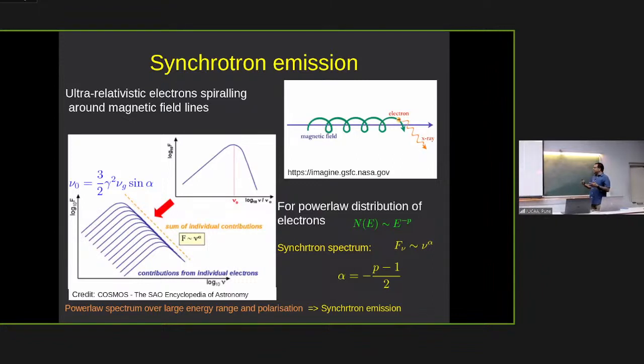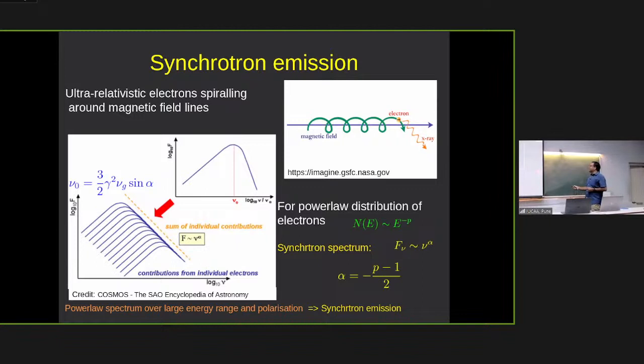Okay. So the thing to remember is that a power law distribution of relativistic electrons produces a power law form of radiation spectrum. And this power law again has an index, so here it will be frequency to the power alpha. And then there is a relationship between the index of the spectrum alpha and the index of the energy distribution P. And that relation is essentially alpha equals minus (P minus 1)/2.